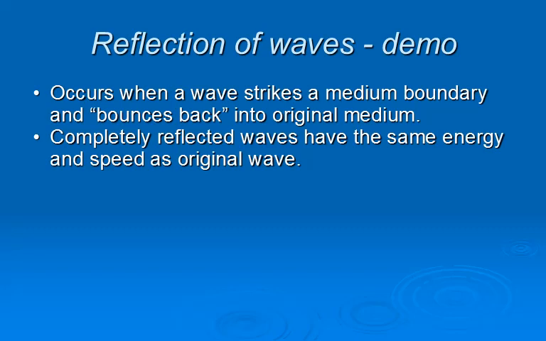When we look at a reflection of waves, this is where a wave hits a boundary and bounces back into the original medium itself. And as long as there's no friction or thermal energy generated, the energy will stay the same.